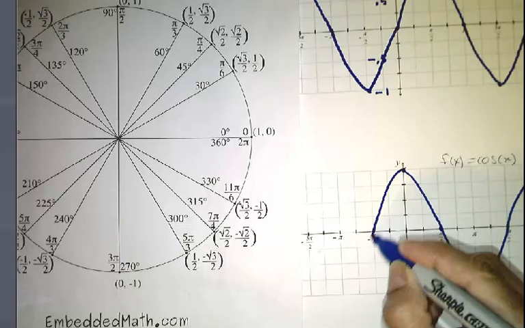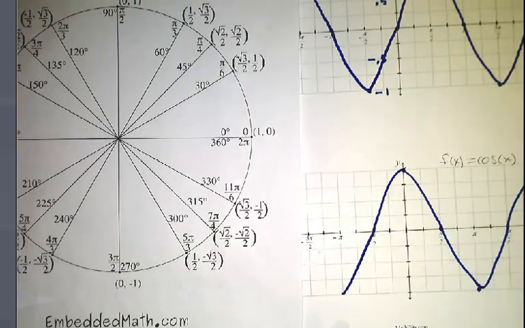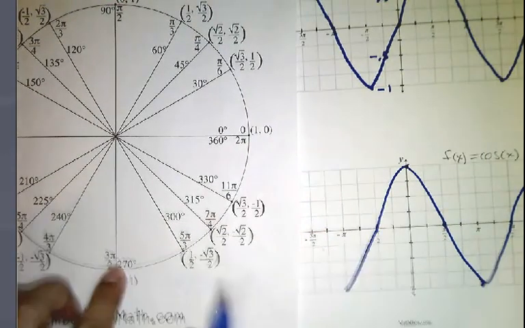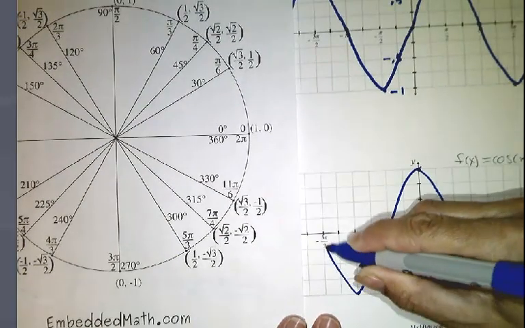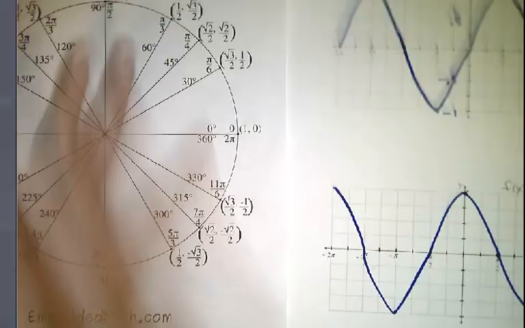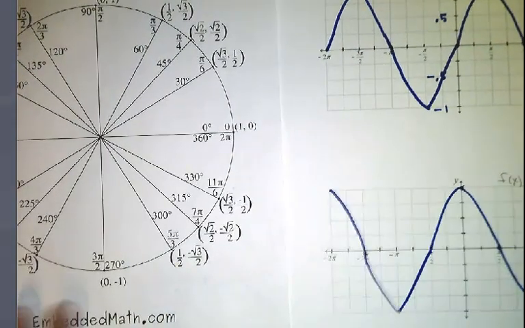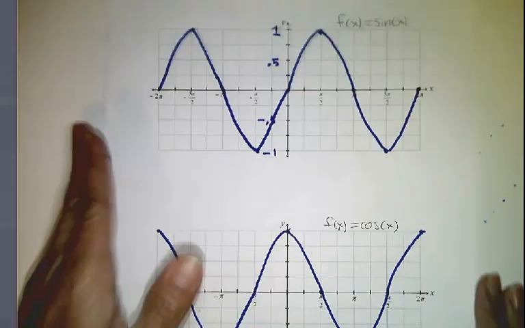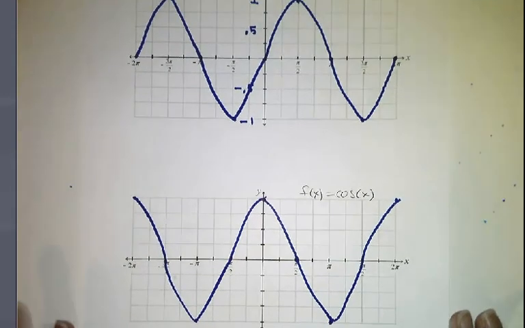So I should look like this. I'm still negative as I move along this way. And then I become positive again as I move back to 2 pi. Okay? There are the graphs of sine of x and cosine of x.